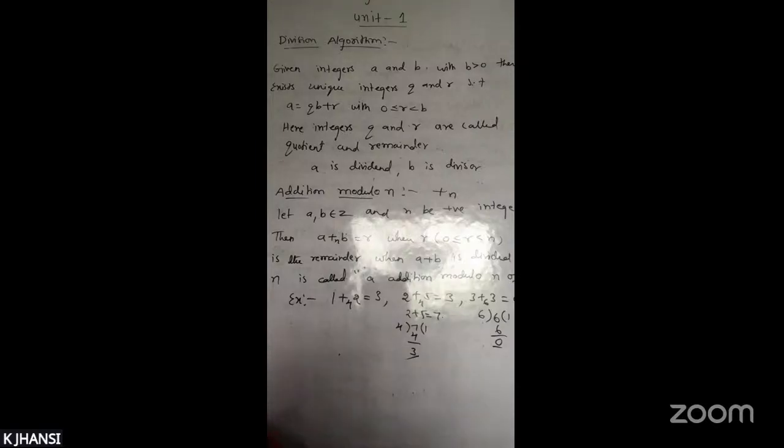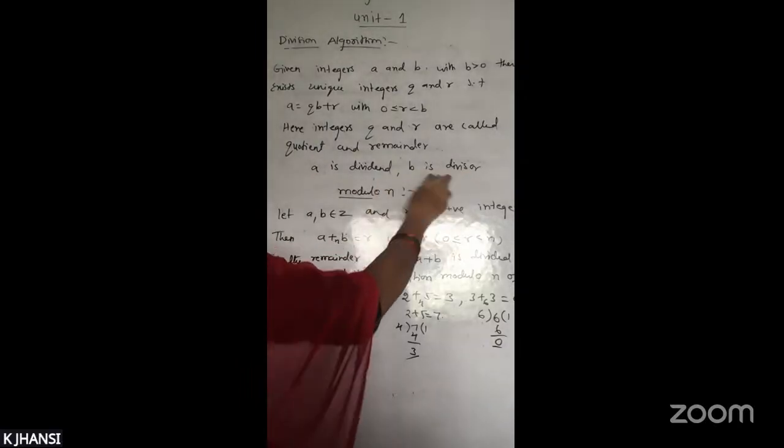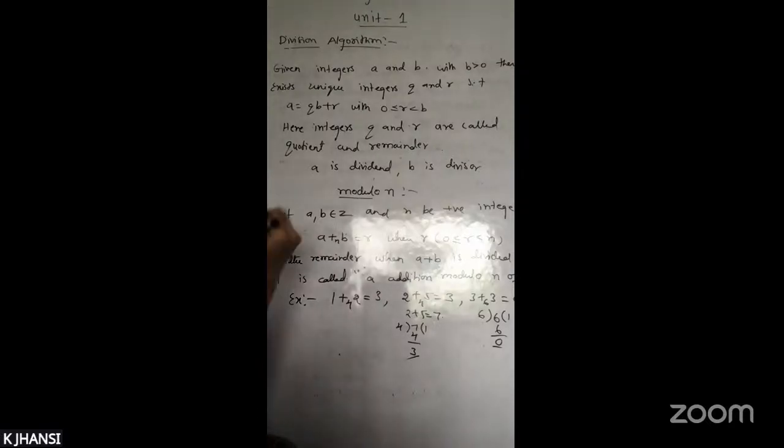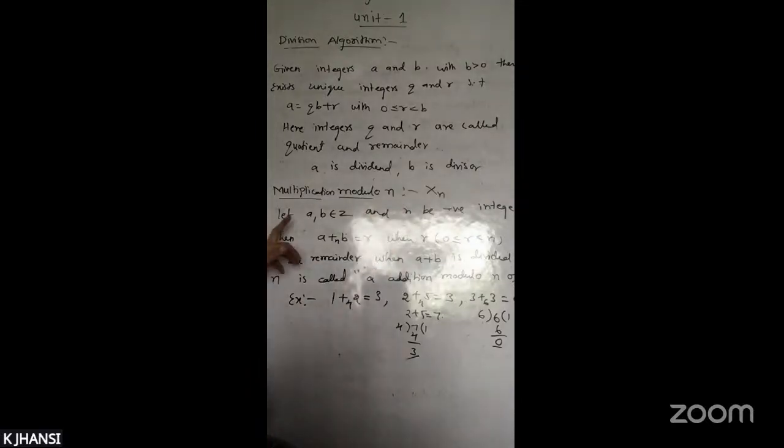So the next one is the multiplication modulo n. It is represented like this. The same definition applies. Let a, b belong to Z and n be a positive integer.